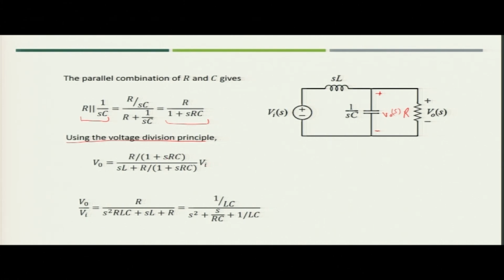What we can write, V naught is nothing but R divided by 1 plus SRC, divided by SL, that is in series with the parallel combination of R and C. So, in denominator we will get SL plus R divided by 1 plus SRC, into Vi. Now, the transfer function which we get is V naught by Vi, and when we rearrange, we can say that it is equal to 1 upon LC divided by S square plus S upon RC plus 1 by LC.